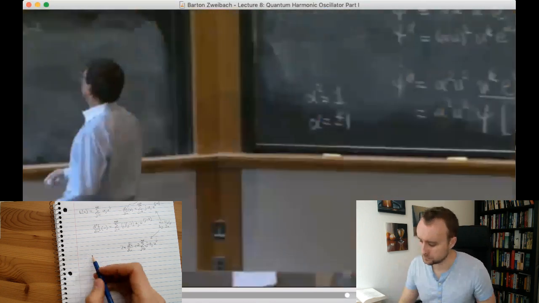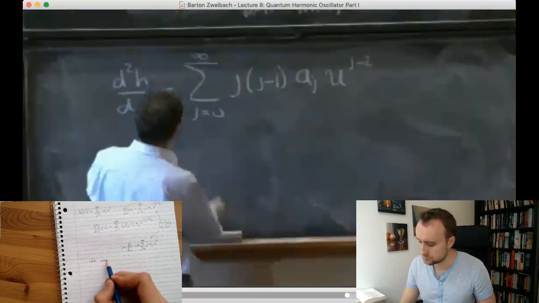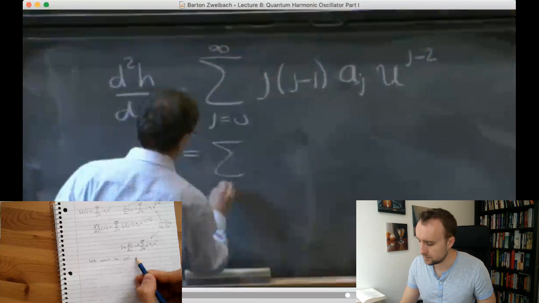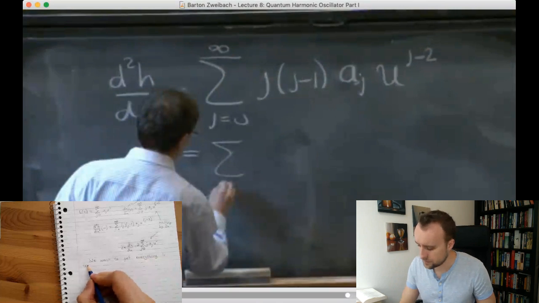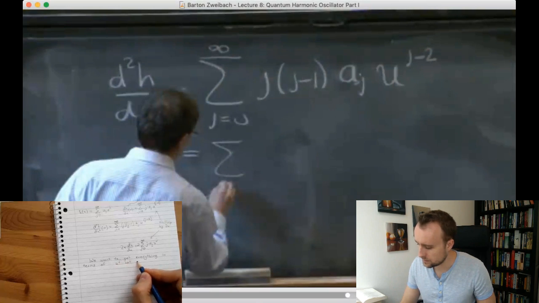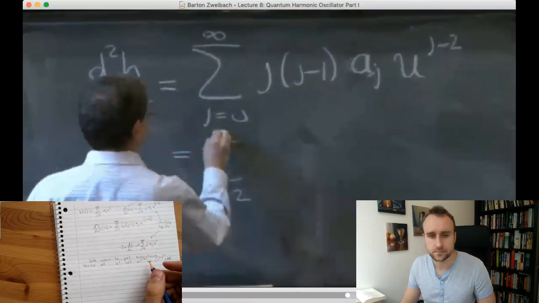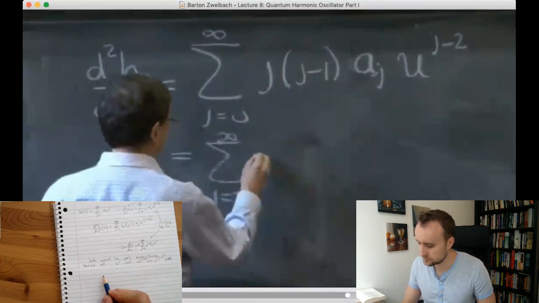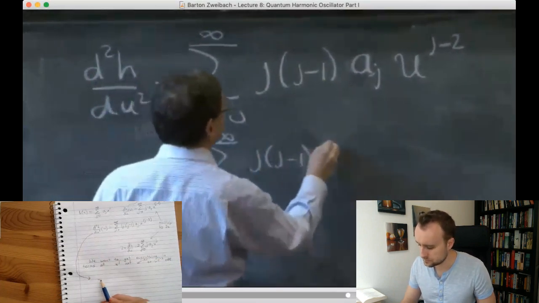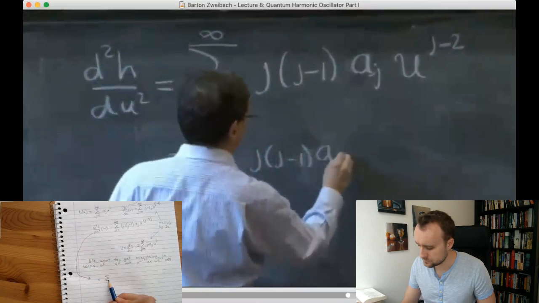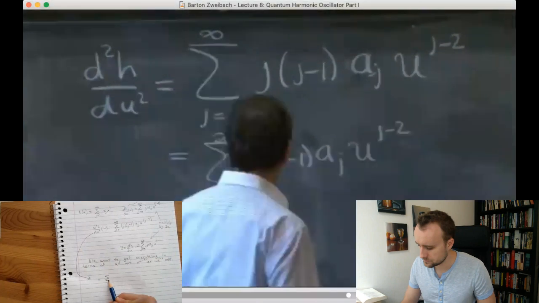So the first thing that you notice is that this sum actually begins with everything in terms of U to the j. Because for j equal 0 and 1 it vanishes, so I can write j times j minus 1 a_j U to the j minus 2.